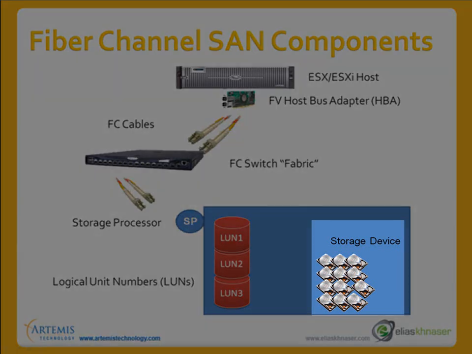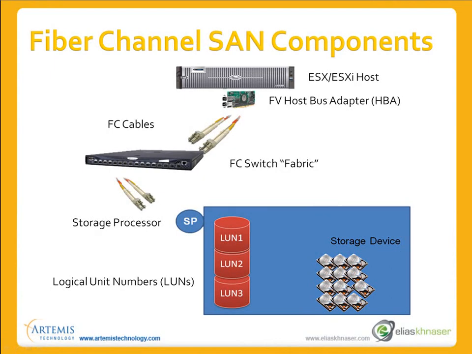The last component of the SAN is the physical hard disks. This is where it becomes interesting, because in a SAN you can expand as much as you want. The more trays of hard disks you put in the SAN, the bigger the SAN becomes. As the SAN administrator, you can take however many disks you want, one, two, three, ten, carve up enough disk space, and create a LUN out of it.